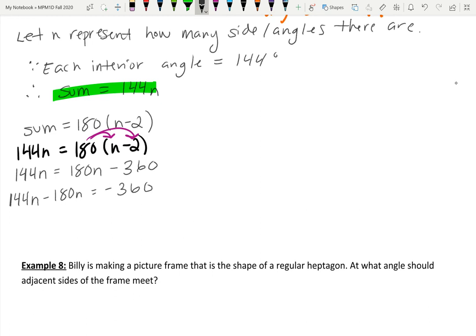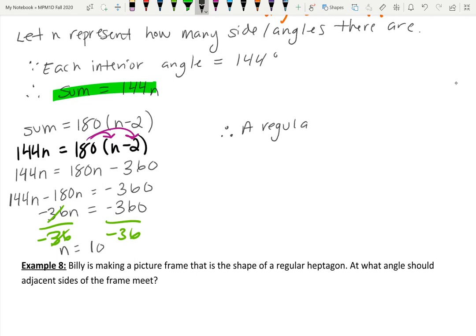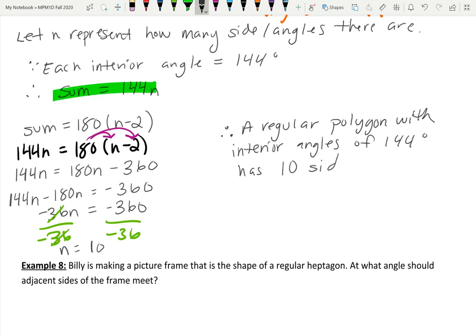Okay, and then simplify my left side. Okay, and now I want to isolate for n, so I'm going to divide both sides by -36. So therefore, a regular polygon with interior angles of 144 degrees has 10 sides.